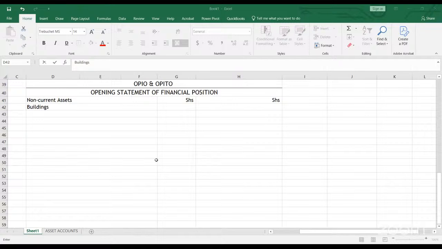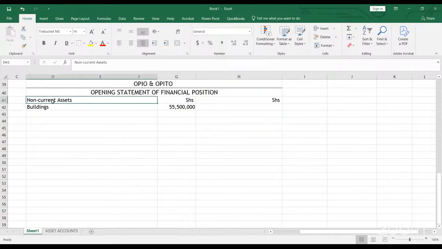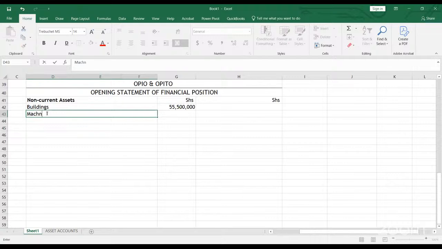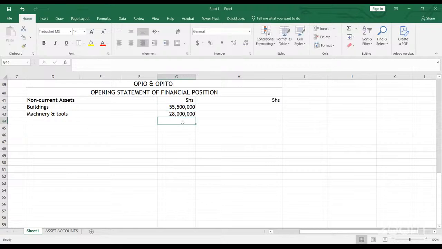Then we have machinery and tools at 28 million. That's the revalued amount. Yes, when assets are revalued, we use the revalued amount now.